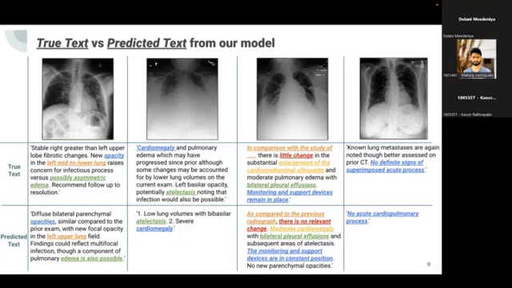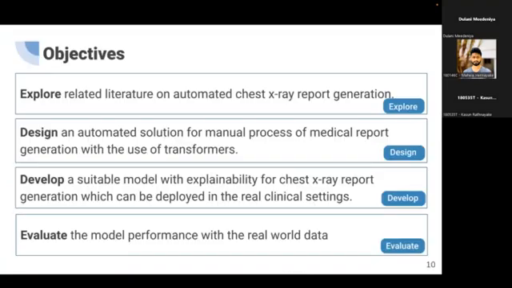So from here, we can clearly see that an automated tool can be trained to accurately generate medical reports for chest X-rays. And these are the objectives for our study. So we have explored related literature and designed an automated solution to replace the manual process.